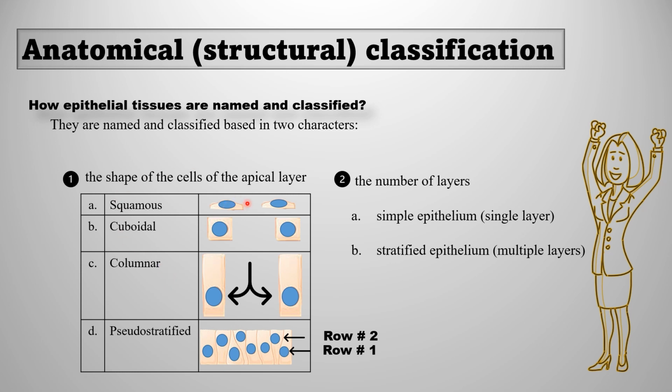The first one is called squamous, which is a thin, centrally nucleated cell that allows substances to pass rapidly through their membranes.